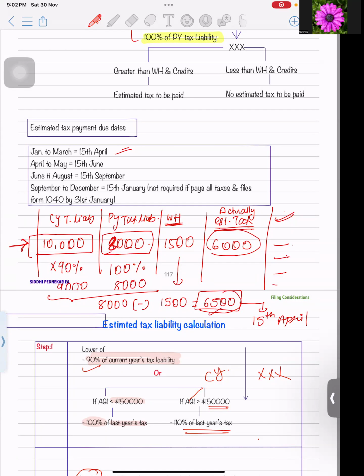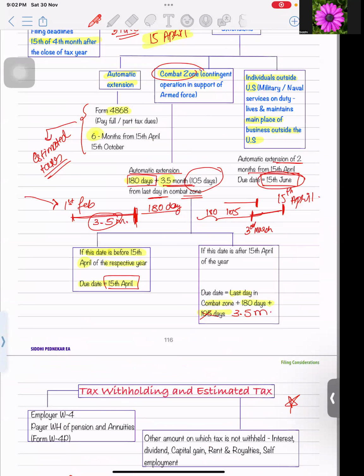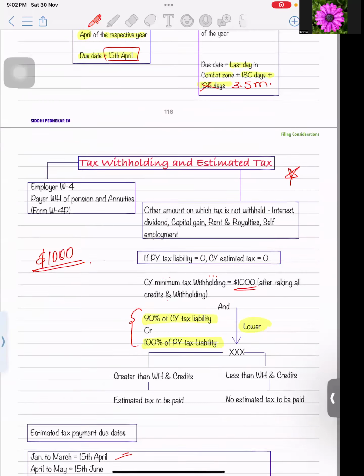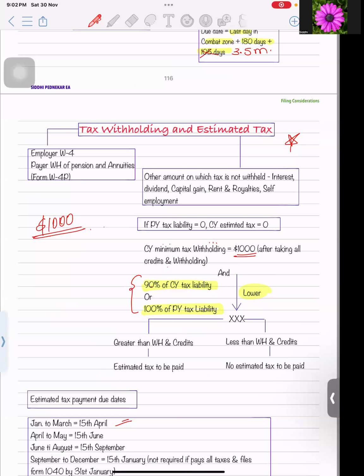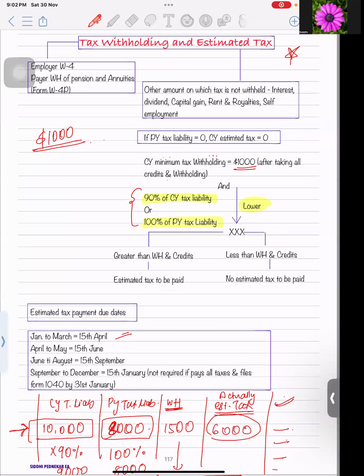So the person should have paid 500 more, else he will be liable to pay the penalty for underpayment. And make sure that before filing the extension, before filing this form, all your estimated taxes should be paid. Clear, guys? So you need to remember this calculation. It's important from the exam point of view.